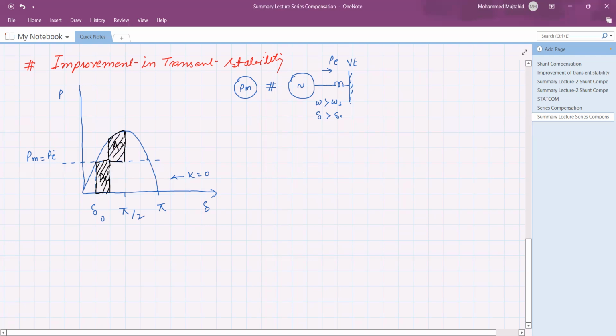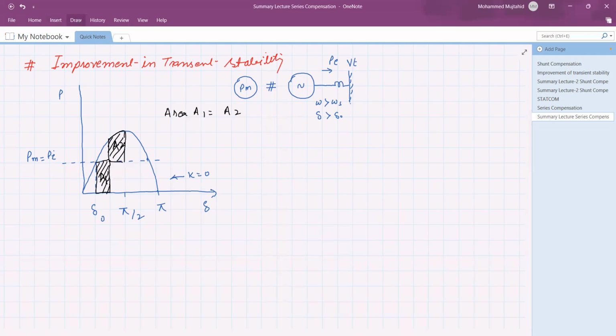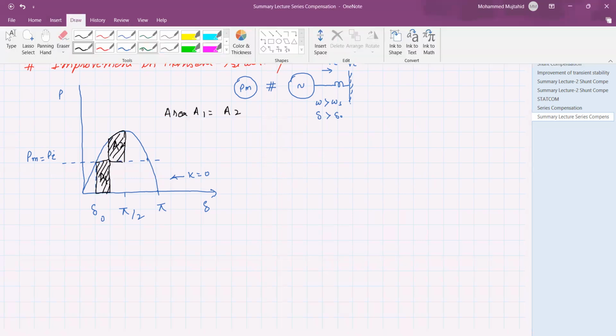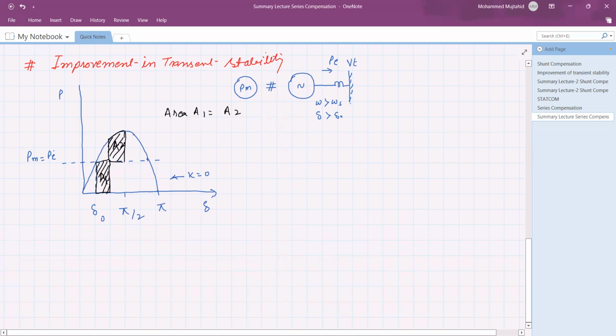So this is area A2. When area A1 is equal to area A2, the system will be stable. So this is the margin for the stability. This is the margin area.